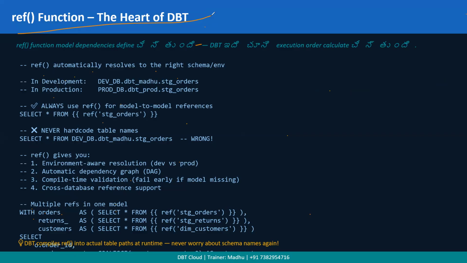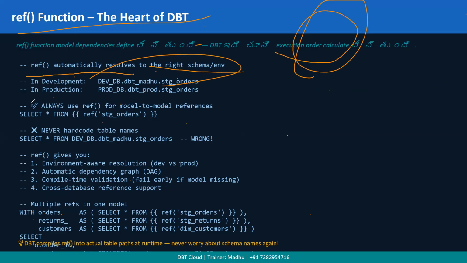So the ref function defines model dependencies in dbt, for execution order calculation, and ref automatically resolves to the right schema. In development it will be the dev database dot dbt Madhu dot stage orders, and in production the prod database dot dbt prod dot stage orders.